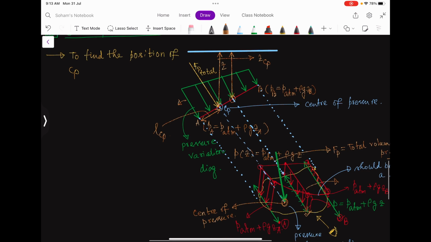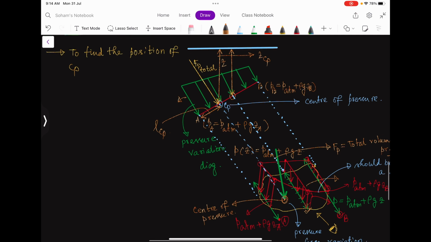So just see that you can find this LCP from your common Euclidean geometrical knowledge. How? You know this length of this trapezium, and this has the magnitude this, and you also know this length is having the magnitude this one, and you know this length as L. All these are given, so the important dimensions of this trapezium are given.